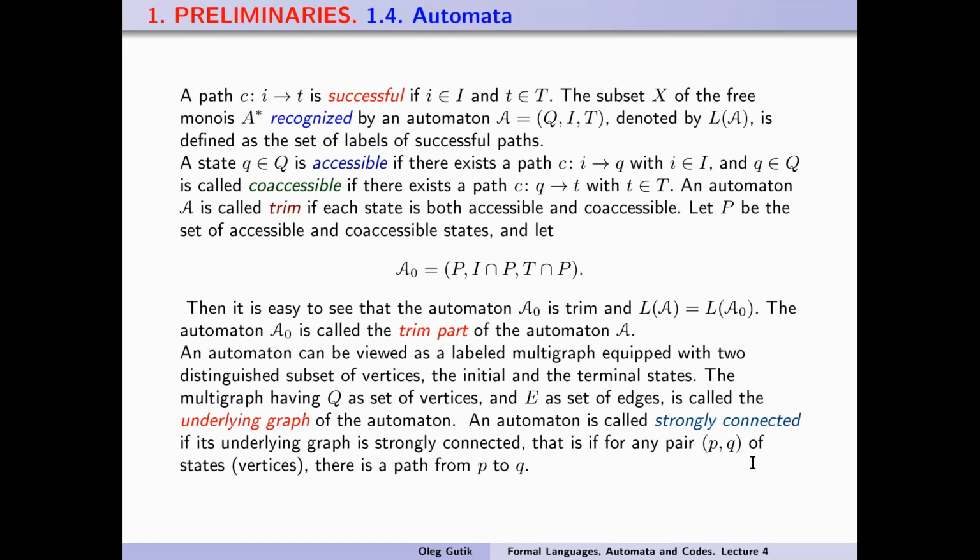For any pair P and Q of vertices, there is a path from P to Q. So for any states P and Q, there exists a path from P to Q.